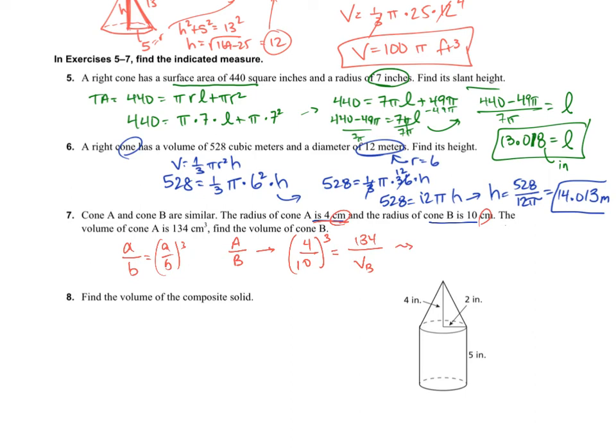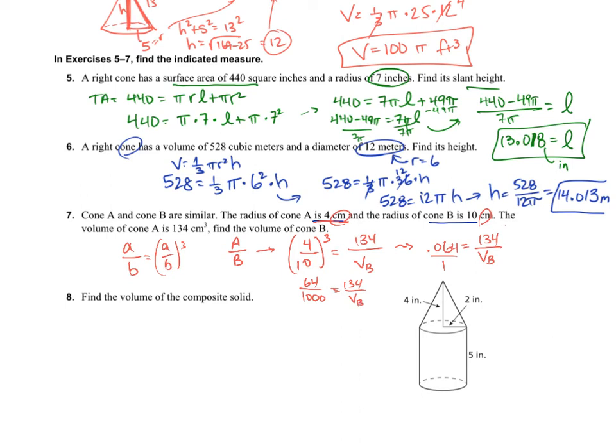So 4, I'm going to change it to a decimal. It's just easier. So 4 divided by 10 would be 0.4. And I'm going to take my 0.4 and then I'm going to cube that. So I'll get 0.064 equals 134 over VB. This is 1. If that bothers you, then go ahead and cube it right away and say 64 over 1,000 equals 134 over the volume B, and now cross multiply.